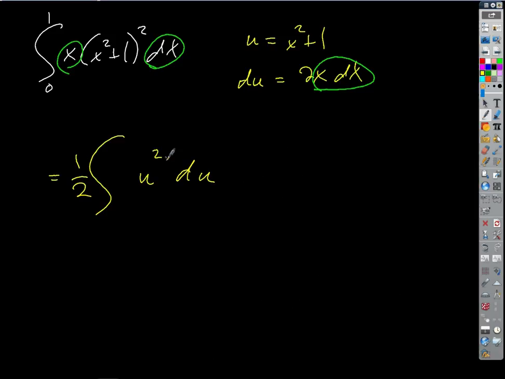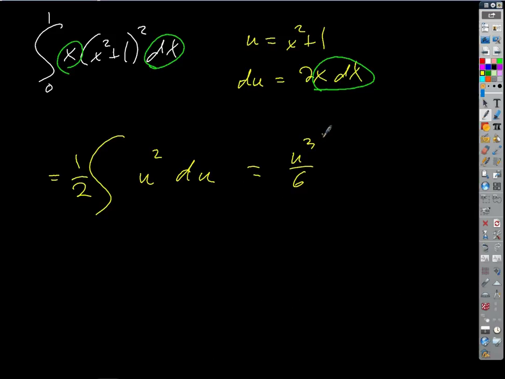So one option would then be to integrate this thing, and what do I get? What is the antiderivative of u squared? u cubed over 3 times 1/2 would be u cubed over 6, right? And this is a definite integral now, right?